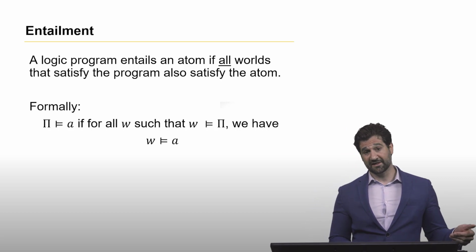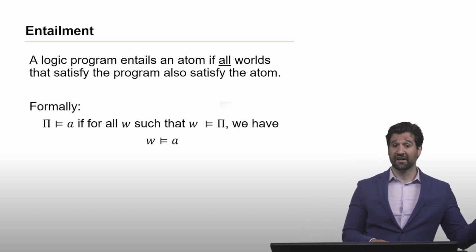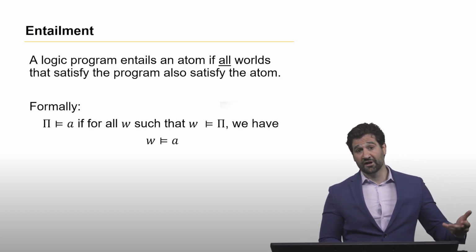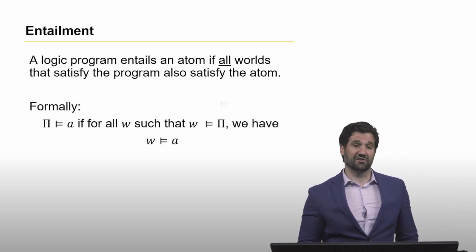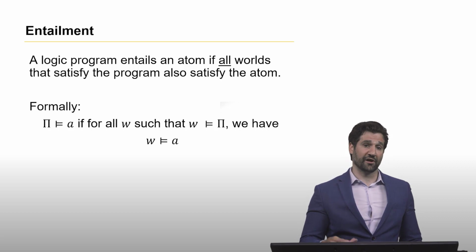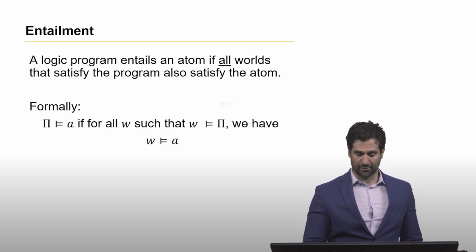And so if you can find the minimal model, you just have to check, is A in that world, and you're done. You've solved the entailment problem. So it seems much easier than going through and trying to enumerate all the worlds that satisfy your program.